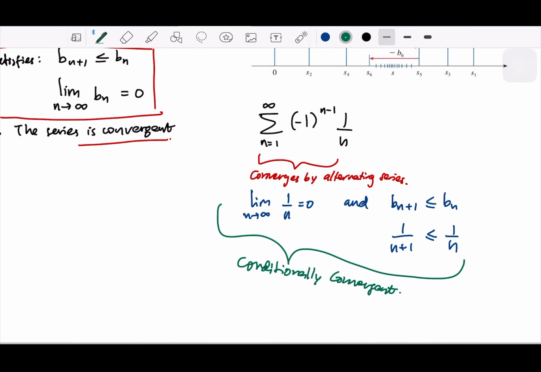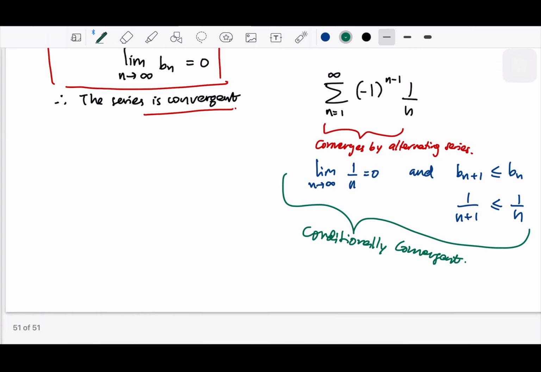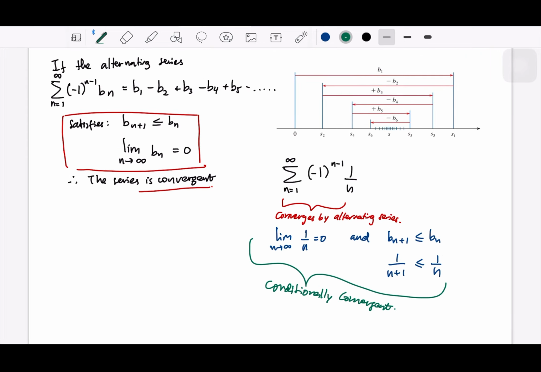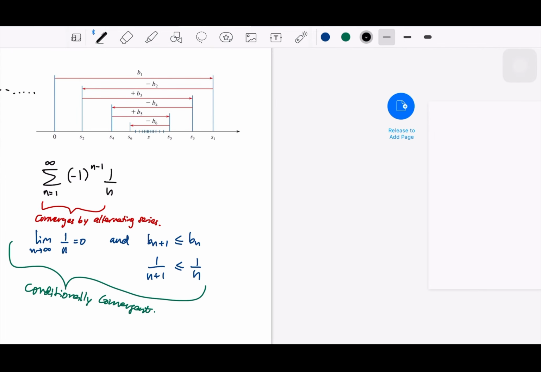I will go back later to take more details. But let me take the estimate of the sum, before we go through conditionally convergent and absolutely convergent. So let me go through the alternating series estimation.